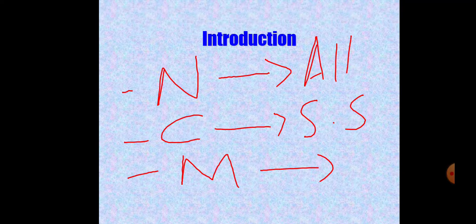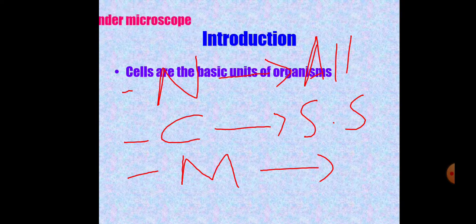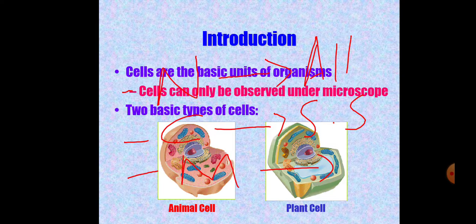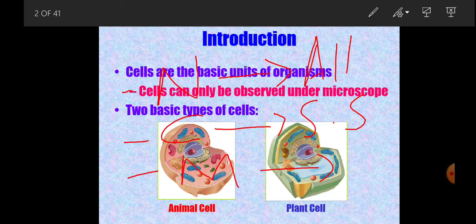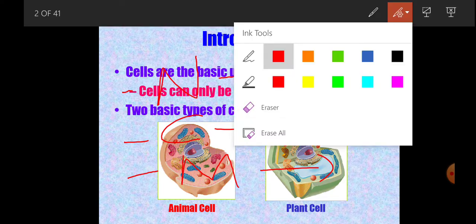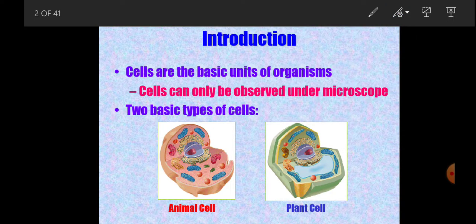Now, if we go forward and look at the two basic structures of cells, we are going to see a plant and an animal cell. We all know that most parts of a plant will appear green, and maybe particularly that's one of the biggest differences we have between animal and plant cells.